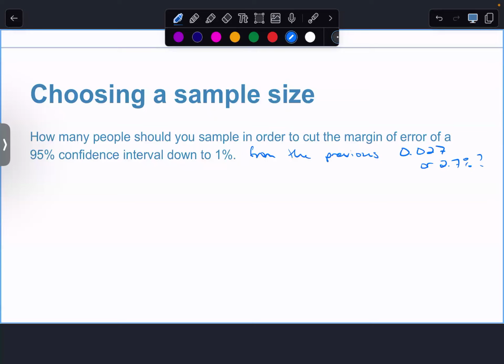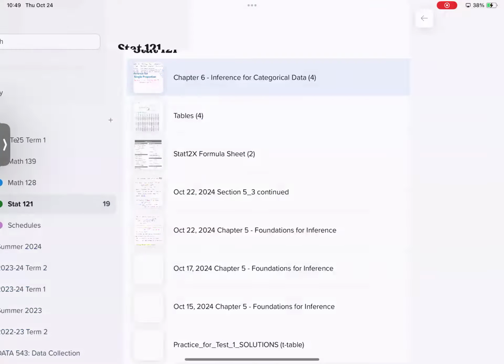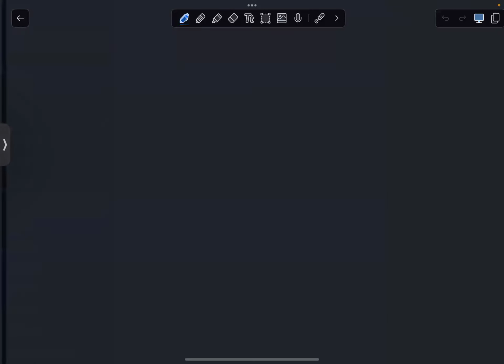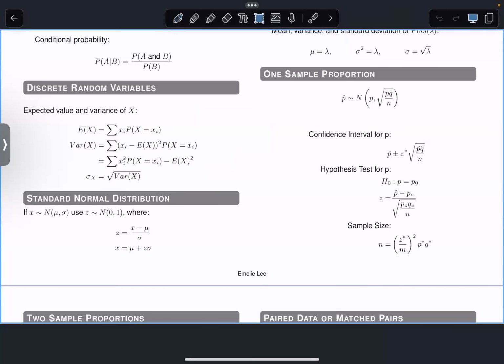Just to emphasize that it's linking back to that problem, although we could just answer this blindly as well. Okay. Now from your formula sheet, when you're choosing the sample size calculation, it is down here. Copy.